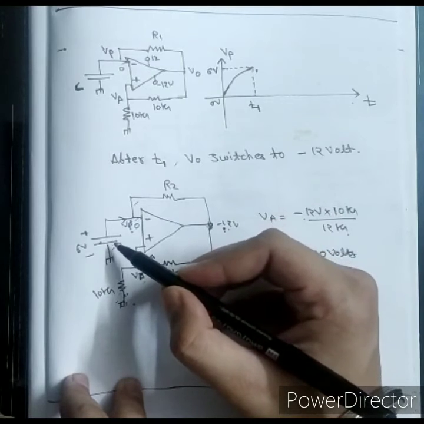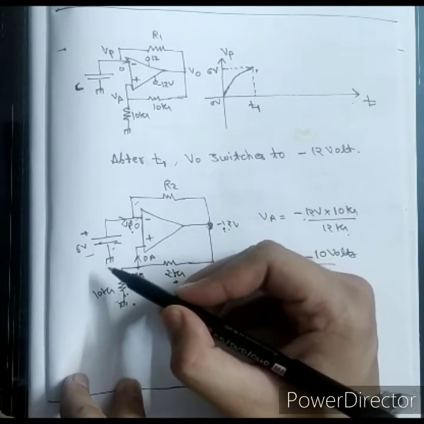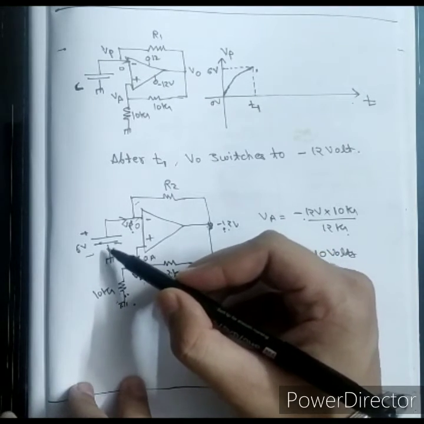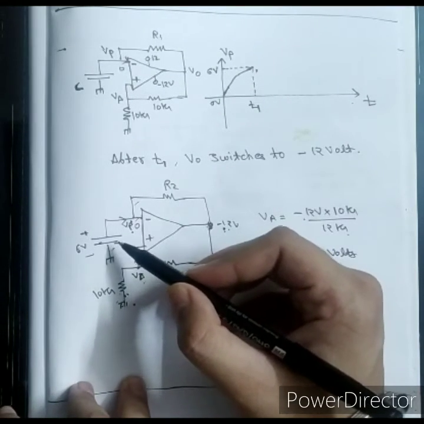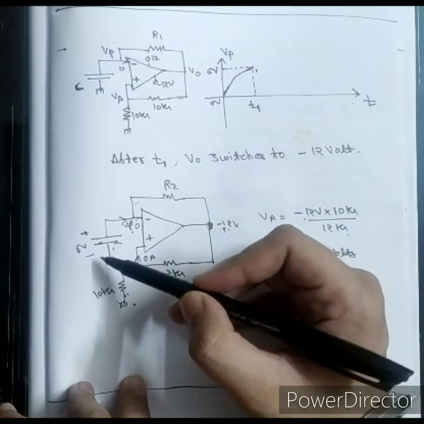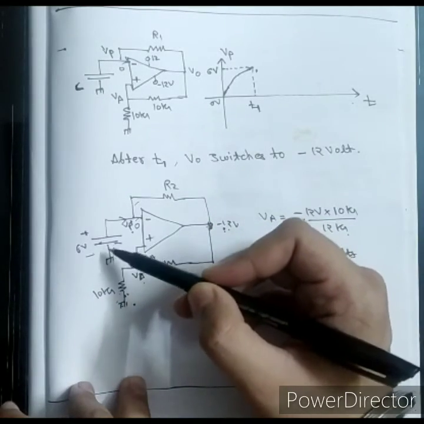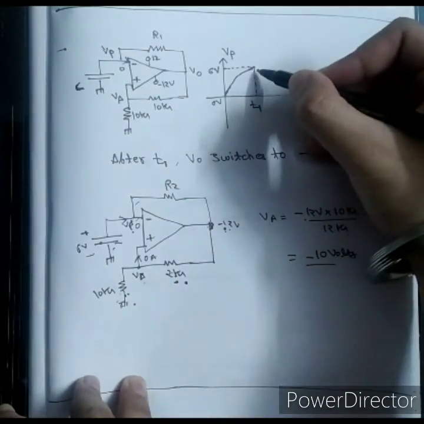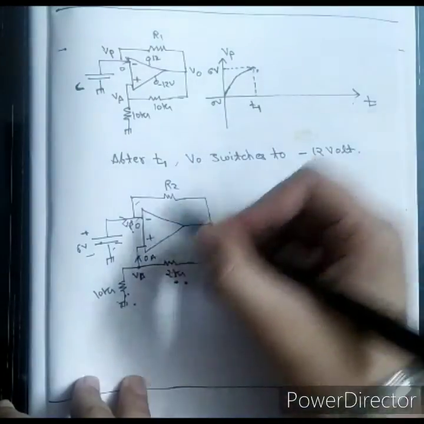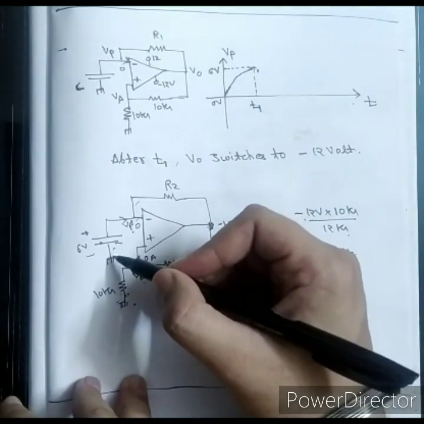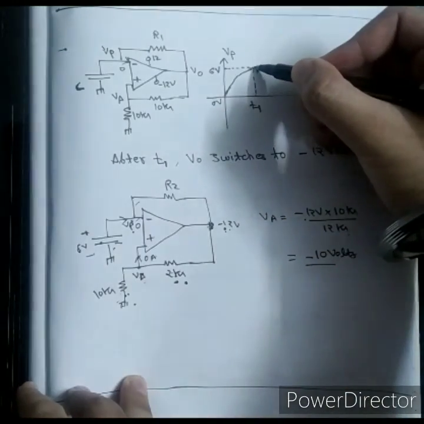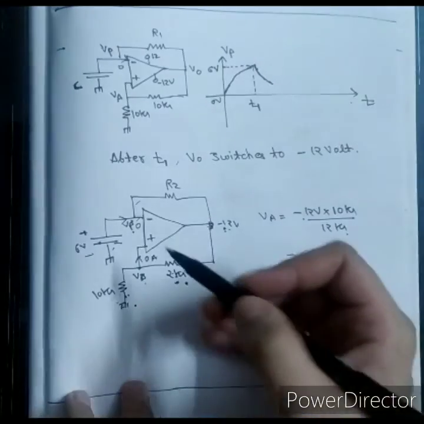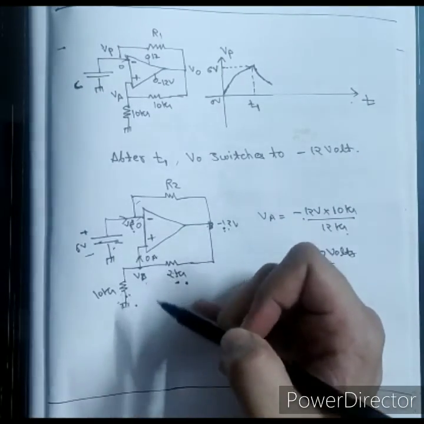Once the current is flowing outside of the capacitor, it is in the direction opposite to the current earlier, so this capacitor will get discharged, right? VP is the voltage across the capacitor, so this will get discharged. Now we have to find up to what point this VP will decrease.